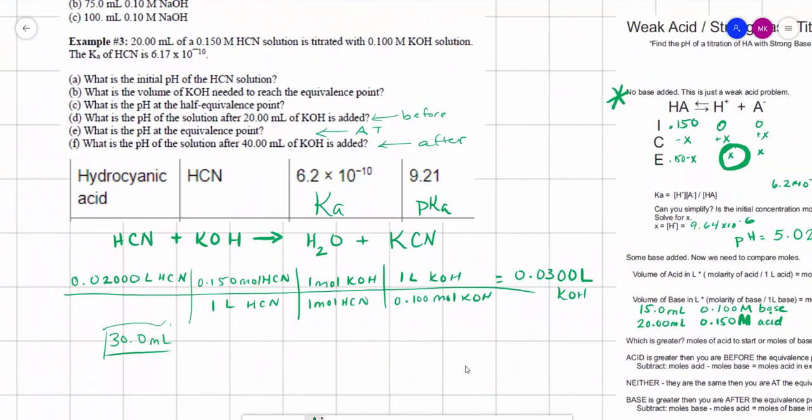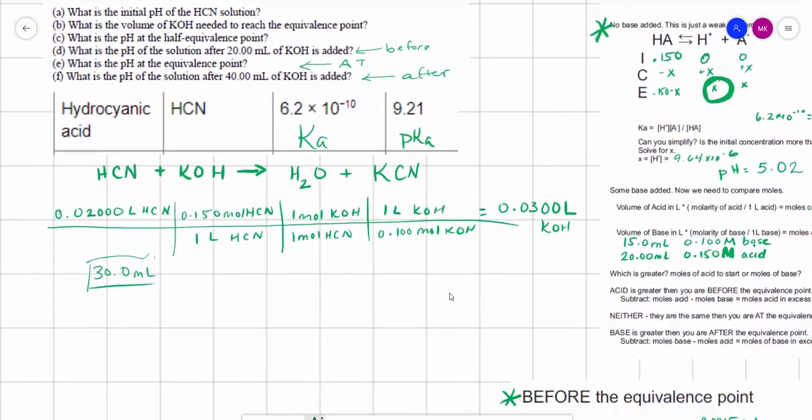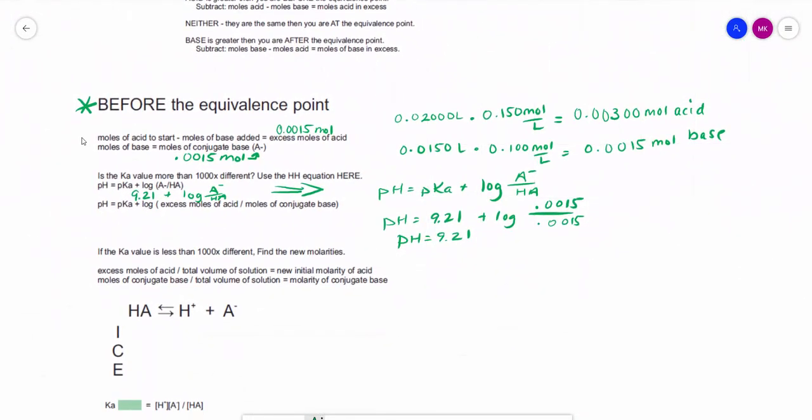So that'll answer C. Now D, what is the pH of the solution after 20 milliliters of KOH is added? Well, we just have to make a couple of adjustments here. So let's see, I need to change this to 0.020. This is going to change, and that means these are going to change as well.